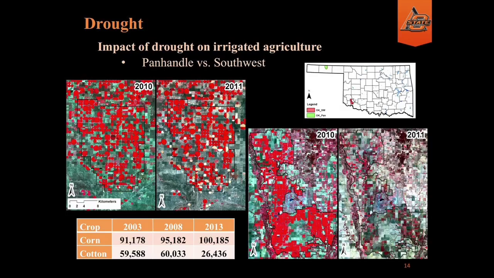If you look at irrigated corn, the acreage even increased over the years. Over this 10-year period, you see the acreage of irrigated corn has increased. But if you look at cotton in 2013, it's less than half of what it was in 2003 and 2008. So they really were hammered hard because they didn't have access to any good quality groundwater resource.